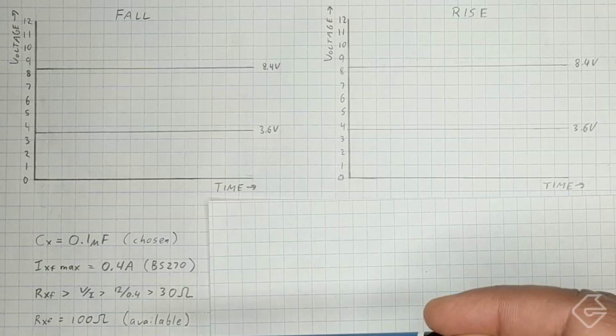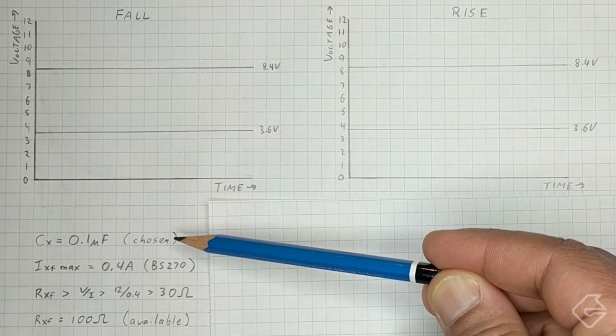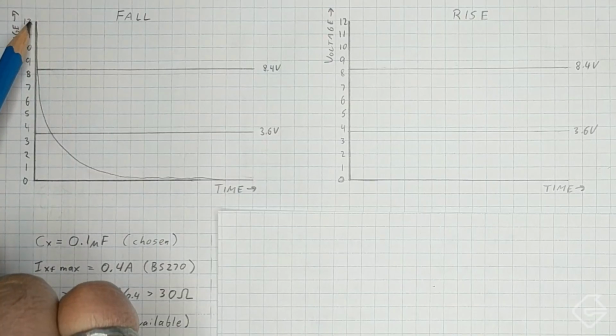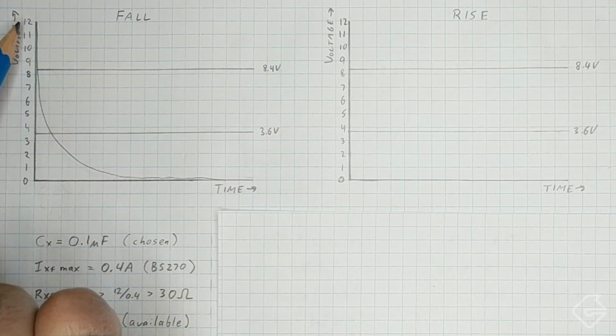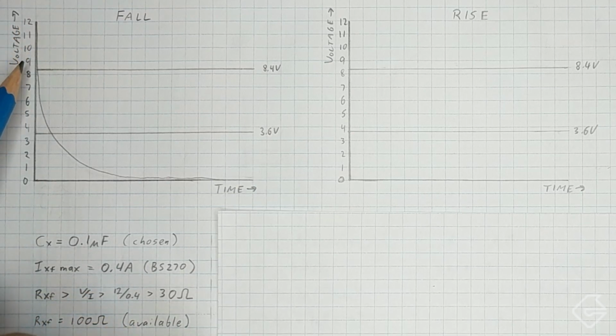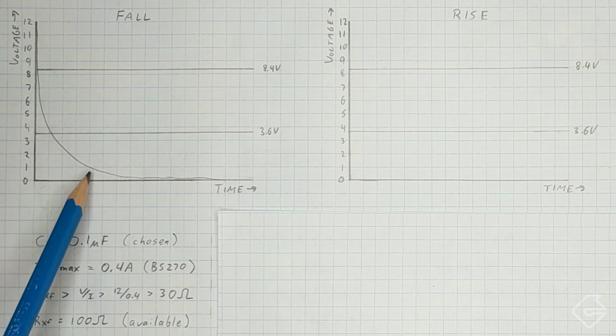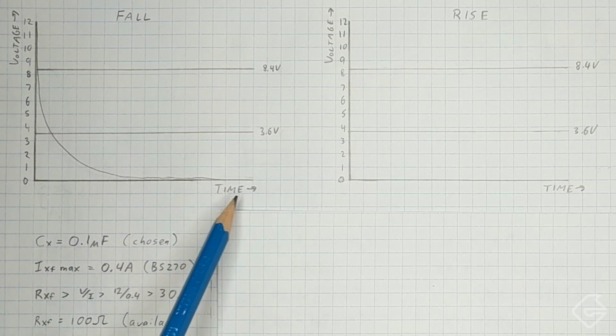Now, if I put a 100 ohm resistor in, we know that the capacitor we're using is 0.1 microfarads. With those two values, we can actually calculate the curve of the discharge. So if we start at 12 volts and I discharge that capacitor, the capacitor discharges really quickly, and then it slows down the discharging. But eventually it approaches zero as time continues.